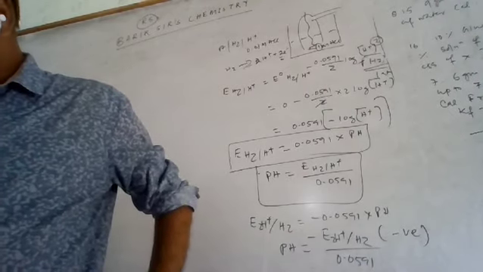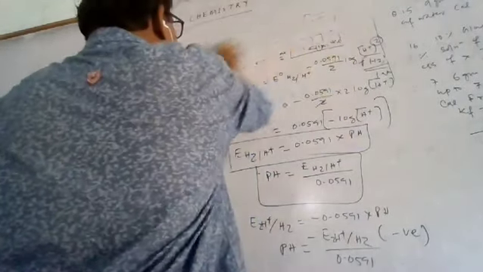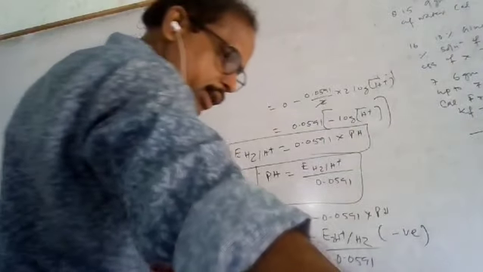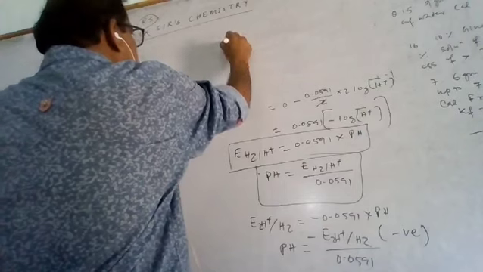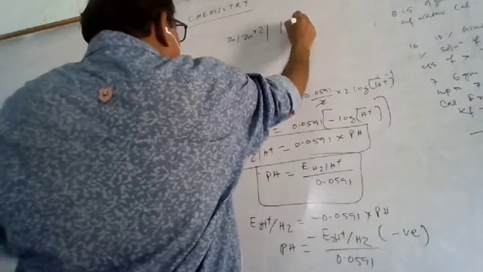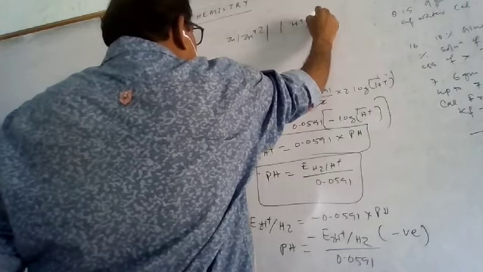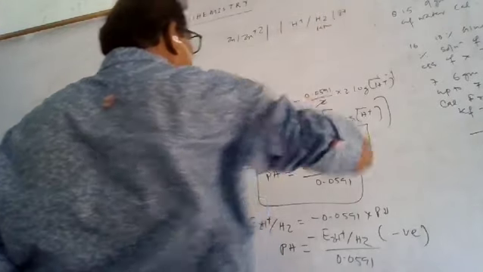Let us take one more example. I am just giving the big idea to determine the pH in any electrochemical cell. Let us take Zn to Zn plus 2, and H plus converted to H2 at 1 atmosphere on a platinum electrode.